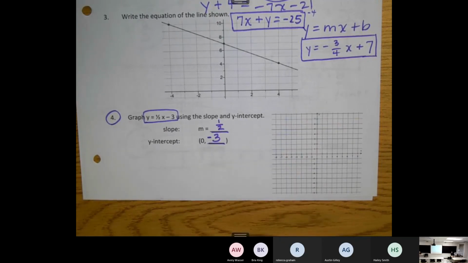Looks like a slope of 1/2 and a y-intercept of negative 3. Where would you start to make the line?